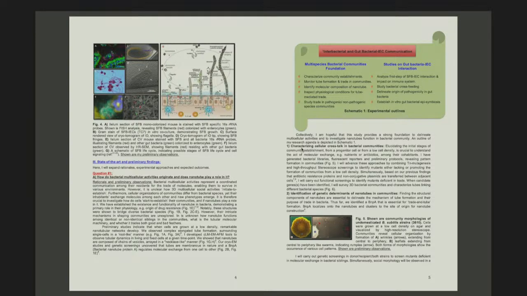Then we took germ-free mice and made gnotobiotic mice: we took the germ-free mice, cultured them, and then gavaged them with this specific bacteria, oral gavaging. We got it from Japan, but then we developed this system.